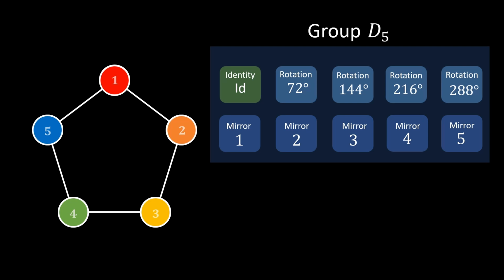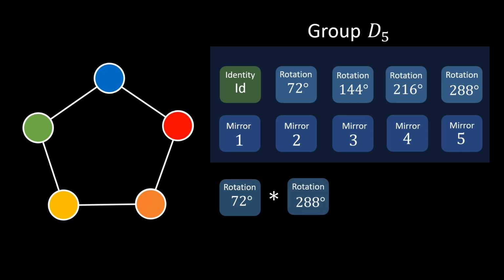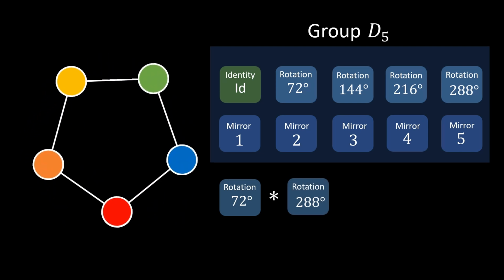Note that a mirror symmetry after a rotation of 72 degrees is not the same as a rotation symmetry of 72 degrees after a mirror symmetry. A key property of groups is that there is an element that does nothing, our identity element, and each element has an inverse. For example, the inverse of a 72 degree rotation is a 288 degree rotation.